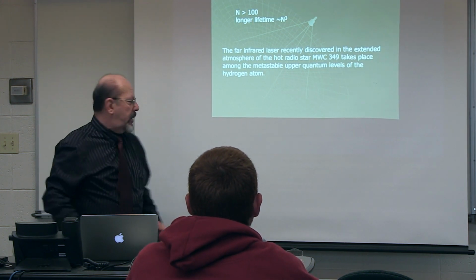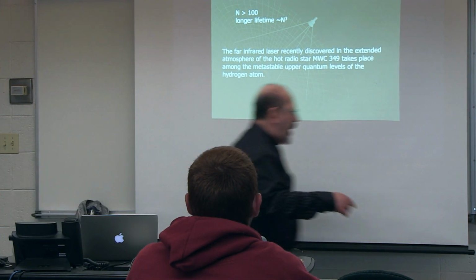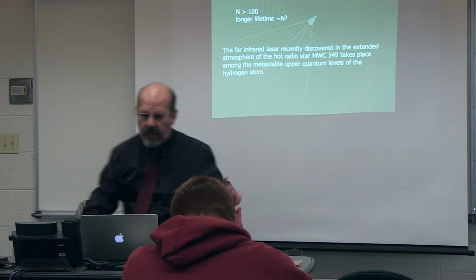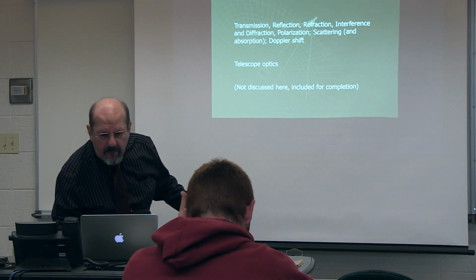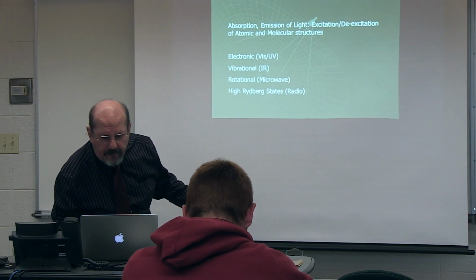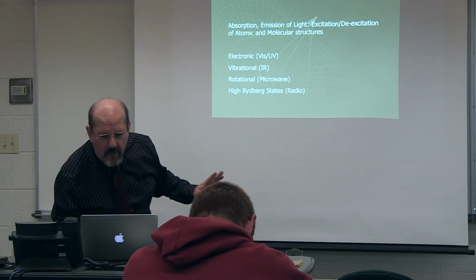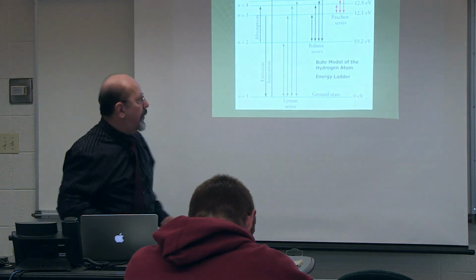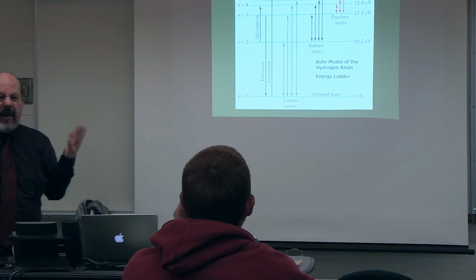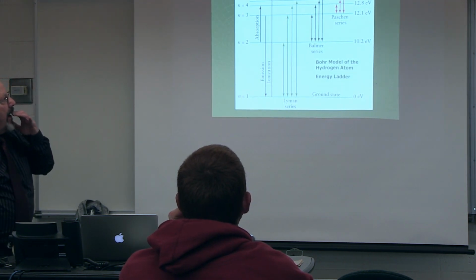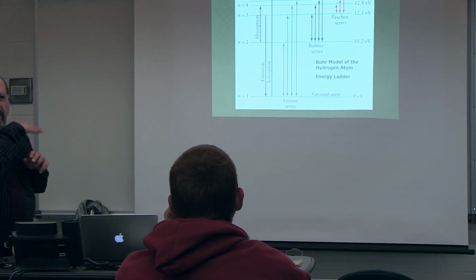There are other ones for hydrogen. I can show you a picture. Here it is. This is an energy level diagram for hydrogen. If you notice the blue lines, they're like rungs of a ladder.